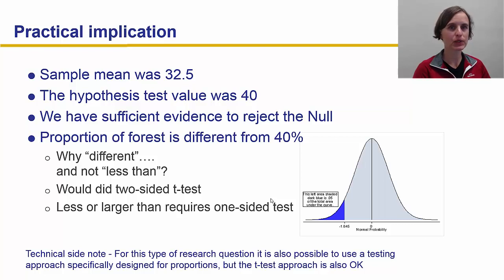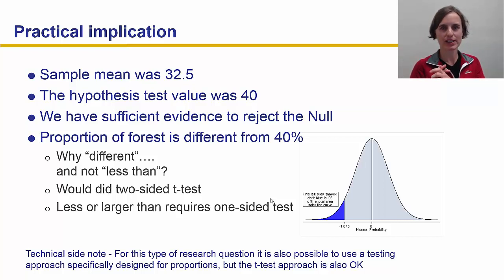I'm saying different because I just did a two-sided t-test. Remember, I used the 0.025 value, where there was 0.025 on one side, 0.025 on the other side. Together, that makes an alpha of 0.05. You could also do a one-sided test to test whether the mean is actually less or more than 40%.